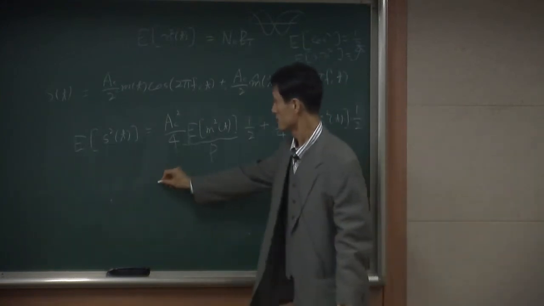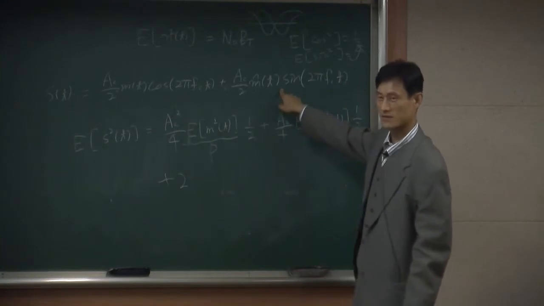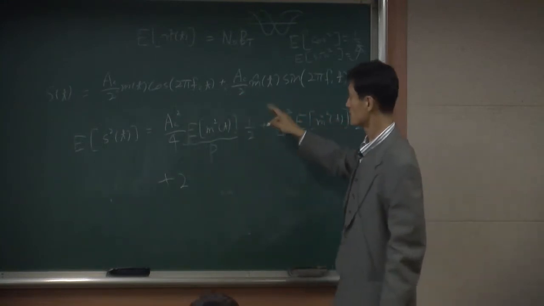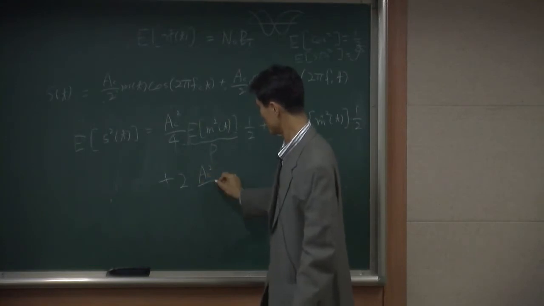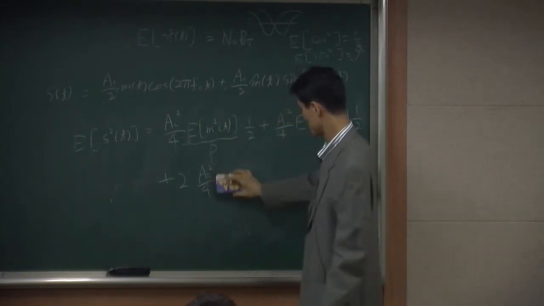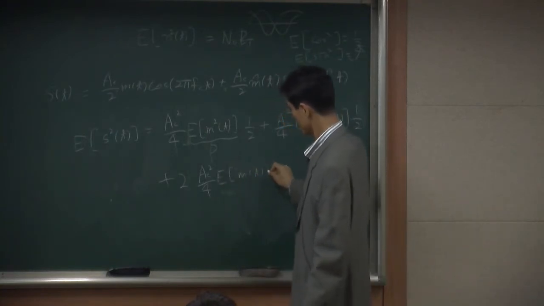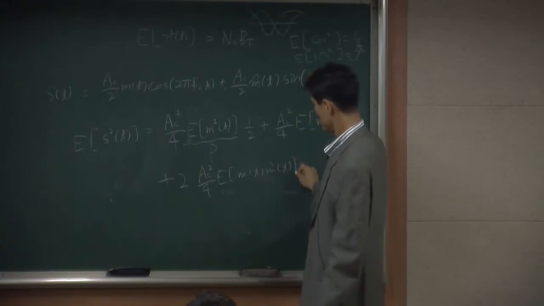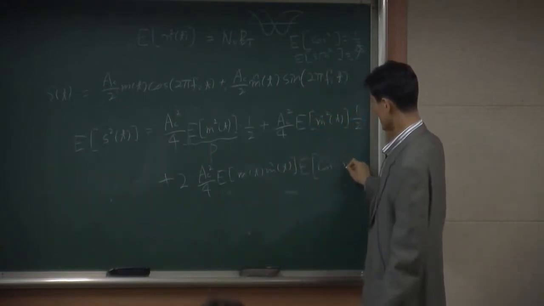Now plus 2 times this and this, right? Let's multiply this and this, and then m t, expectation of m t m hat t, and also expectation of cosine sine.